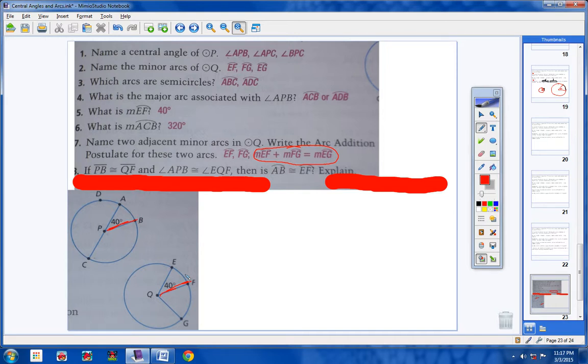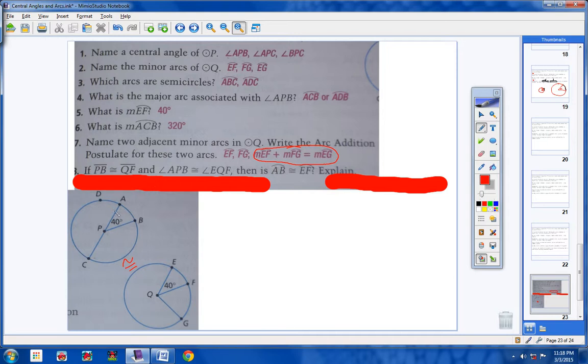We said A, if their diameters are congruent, or B, if their radii are congruent. Well, it looks like the radius of this circle is congruent to the radius of this circle because it says so right here. So as soon as I know that the two radii are congruent, I can then say these two circles are what? Congruent.